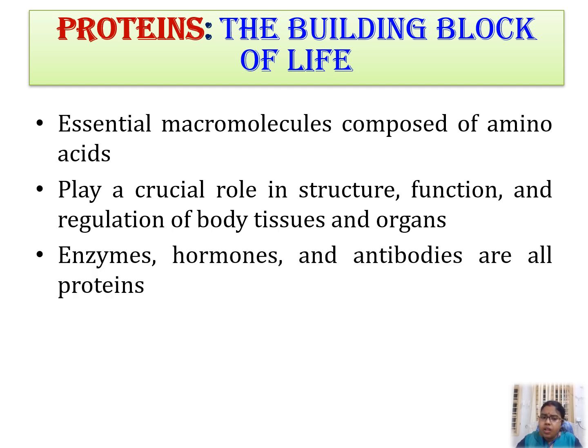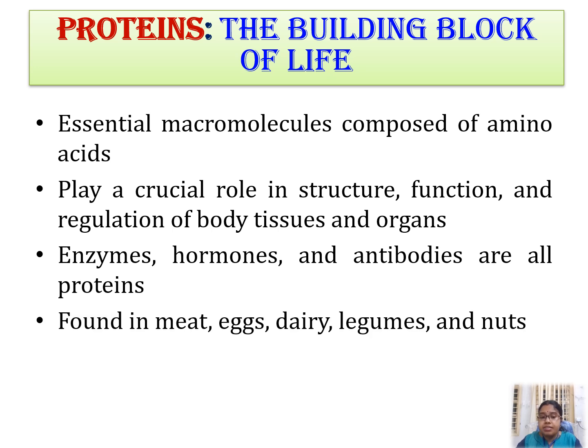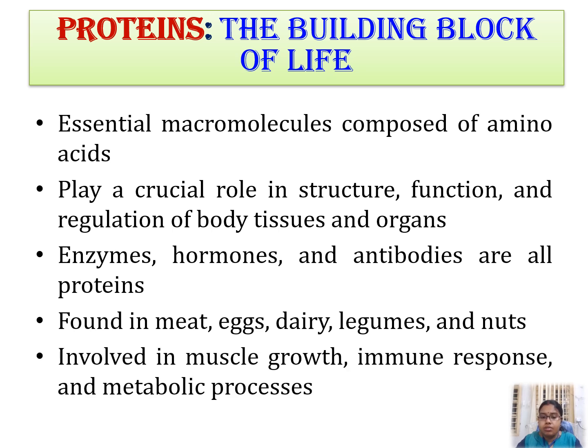In our body, all the enzymes except ribozymes, the hormones, and the antibodies are proteins only. They are found in meat, eggs, dairy, legumes and nuts, and are involved in muscle growth, immune response and metabolic processes.